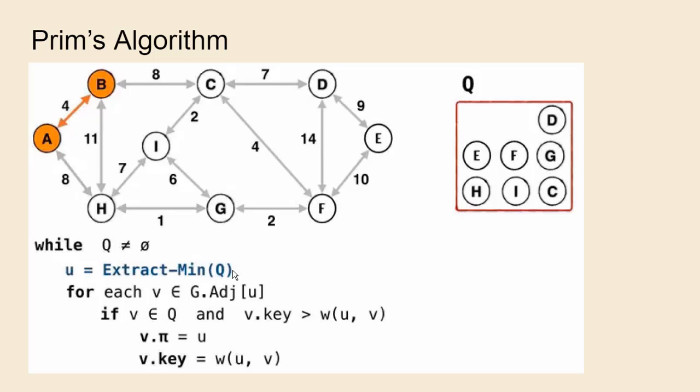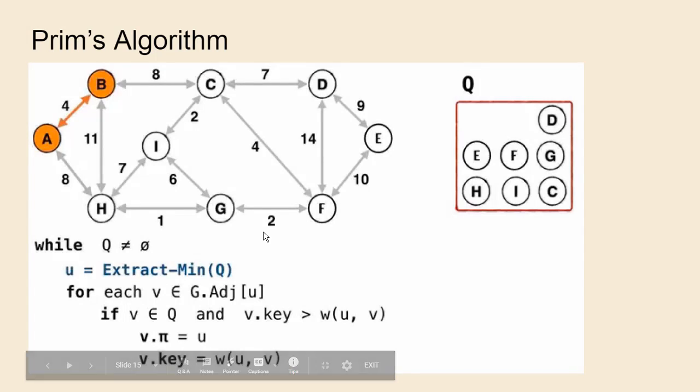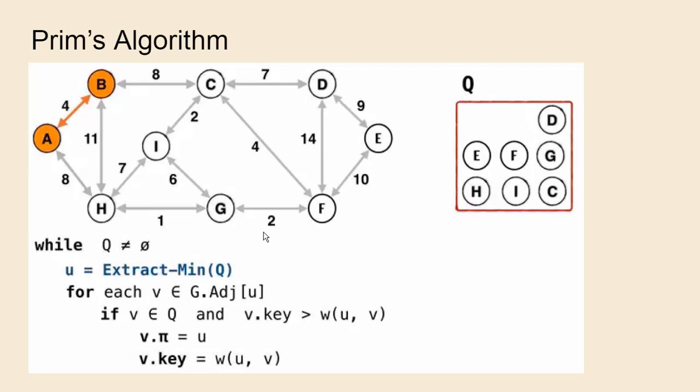This is the pseudocode for Prim's algorithm. Each time we extract the minimum from the queue, which is a priority queue. We take the element with the minimum value, the node that has the smallest distance to the discovered portion. Given this node U, we look at all its neighbors and see whether that neighbor's current distance is greater than the weight on the edge U to V. If that current distance is bigger, we need to update the key value to be the edge weight.